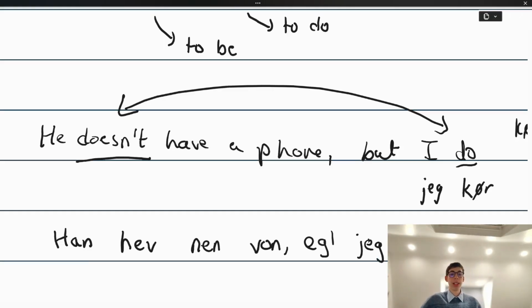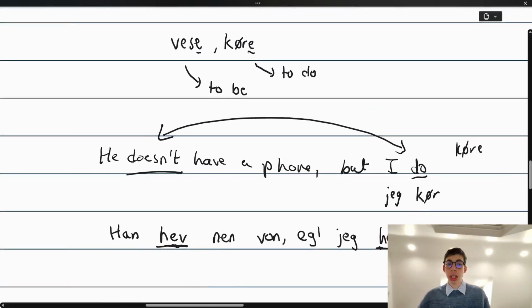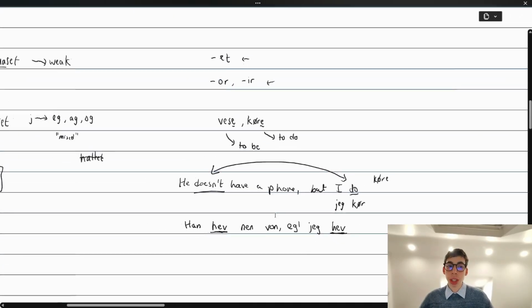Gaan geef nen von je geef. So if we go through this quickly, basically this is the has. Here we're literally saying he has no phone rather than he doesn't have a phone, because we'll talk about that another time. But then notice when I say but I do, I'm saying but I have rather than I do. So I just want to point out about courre, because I want to work on the meanings of these, and then we'll come to conjugation.